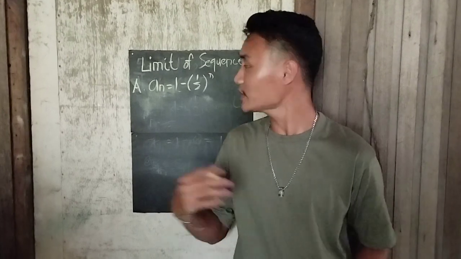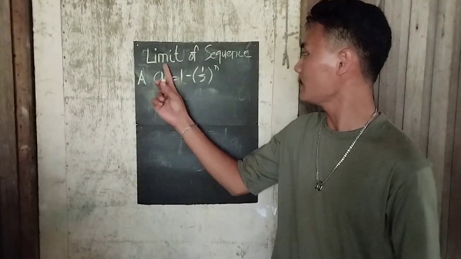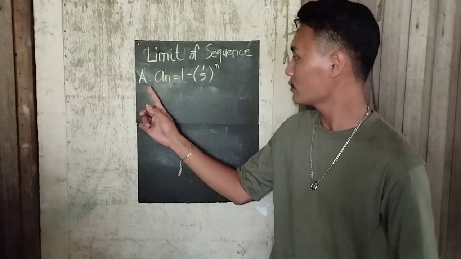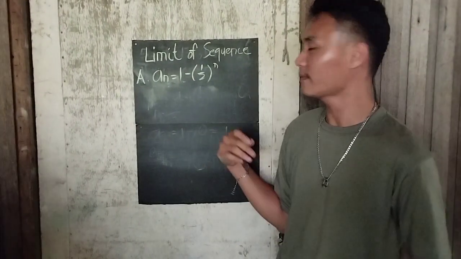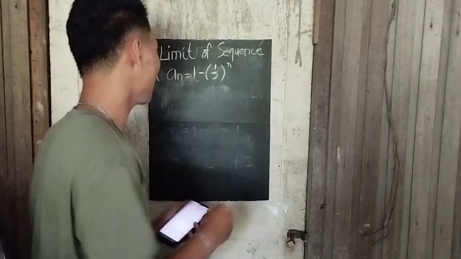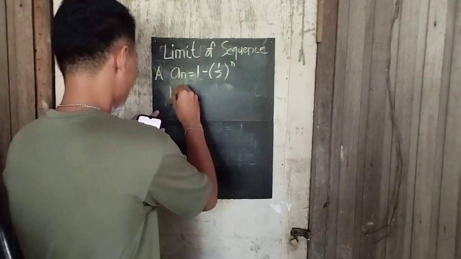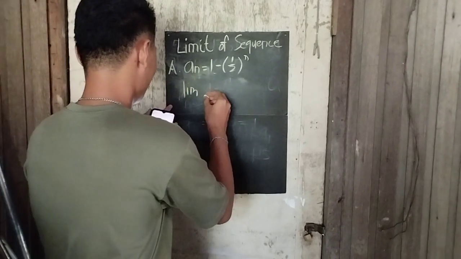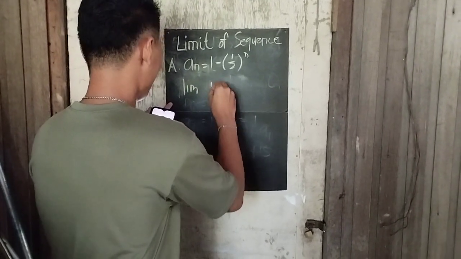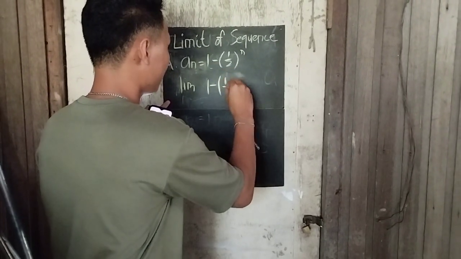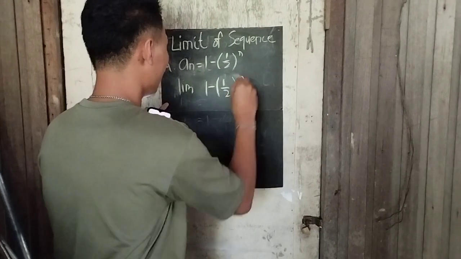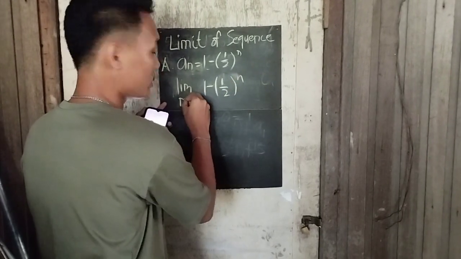Okay, so this is the first example on the limit of a sequence. a sub n is equal to 1 minus the quantity 1/2 raised to n. So to get the limit, it is the limit of 1 minus the quantity 1/2 to the power of n as n approaches infinity.